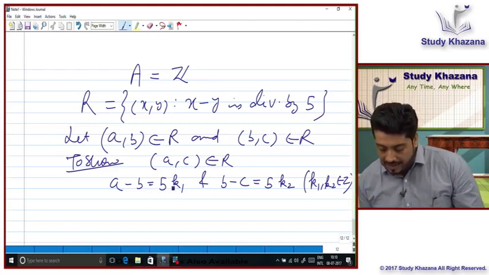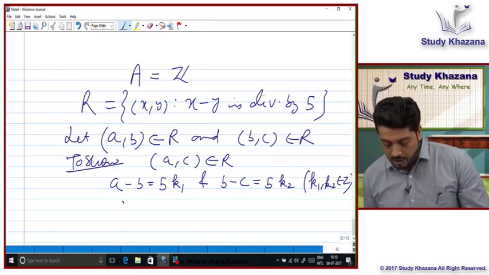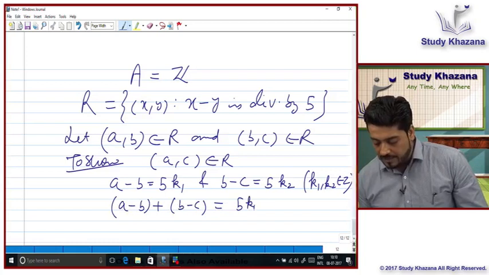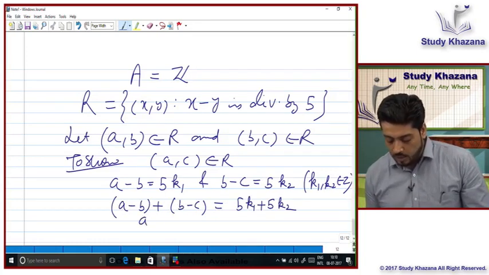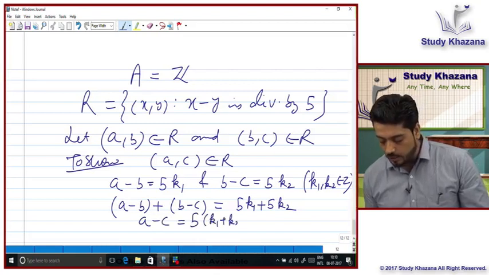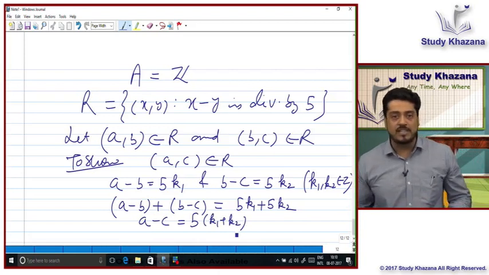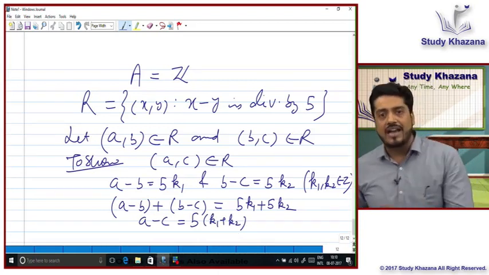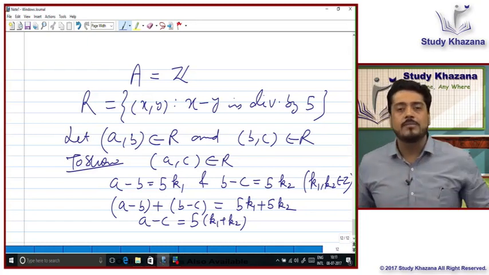I will add these two respectively. If I add the respective sides, I get a minus b plus b minus c is equal to 5 times k1 plus 5 times k2. So this leads us to a minus c is equal to 5 times (k1 plus k2). Minus b plus b will get cancelled, and on the LHS I have a minus c, and on the RHS I take 5 common, so it becomes k1 plus k2.